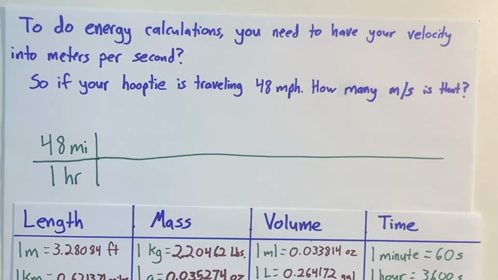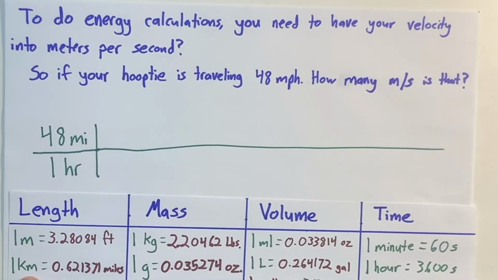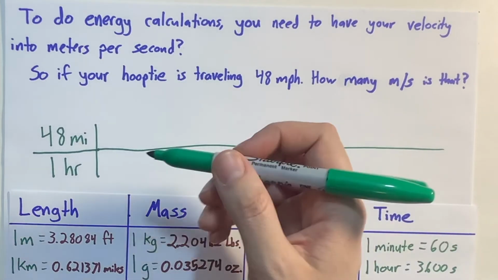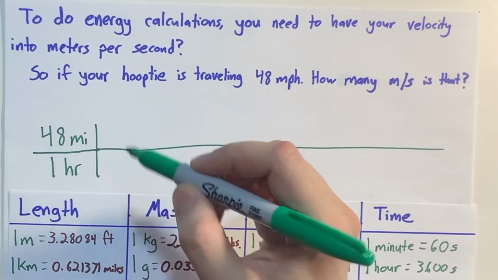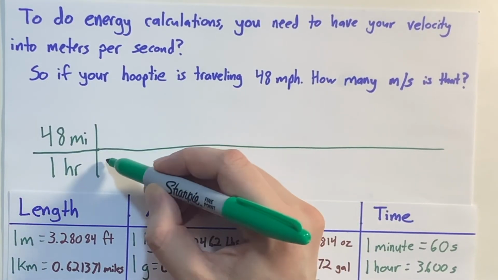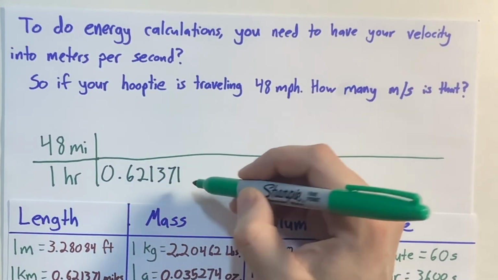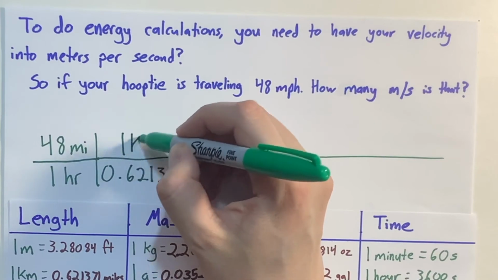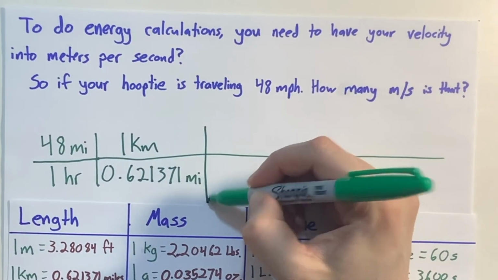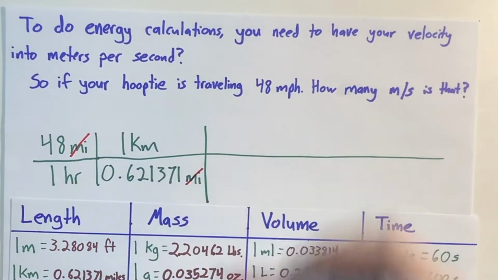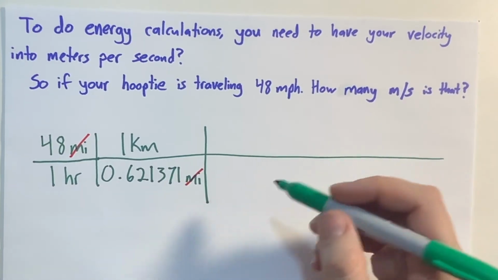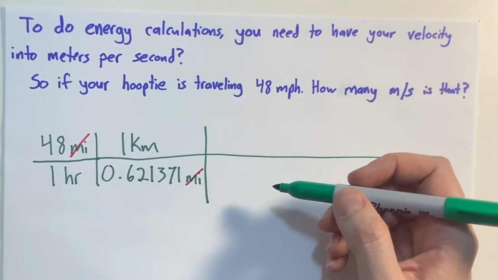I have a conversion table here, and I see that a kilometer is equal to 0.6213 and so on miles. So I'm going to put that in there. Now remember, miles are up here, so my miles have to be down here. So 0.621371 miles is equal to 1 kilometer. Miles cancel out. Well, this is great. Now I have kilometers per hour, which is good, but not where I want to go.